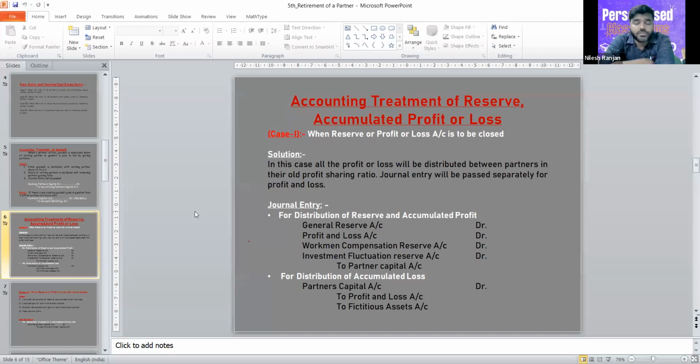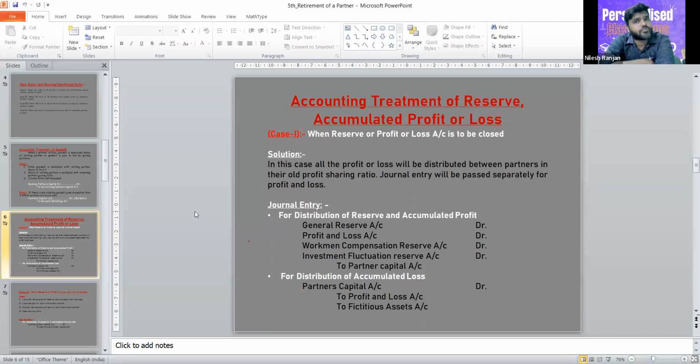If it is written clearly in the question, then we have to follow the question. But if nothing is written in the question about case one or case two, meaning the account to be closed or not closed, then which case do we have to follow?